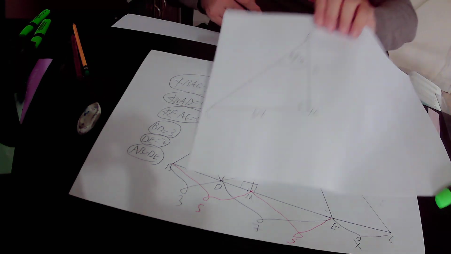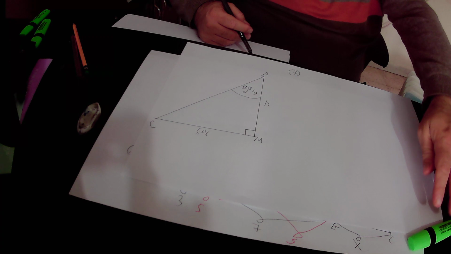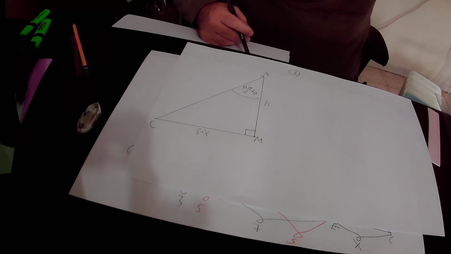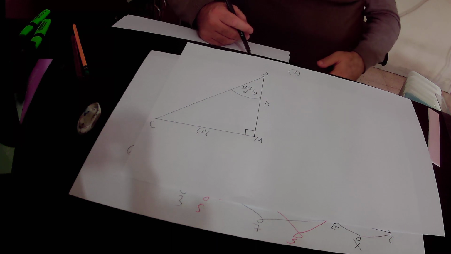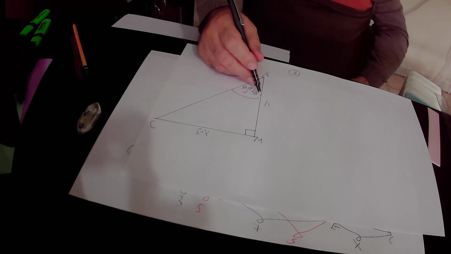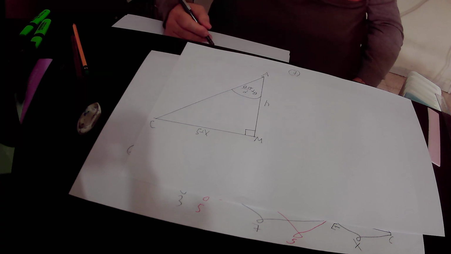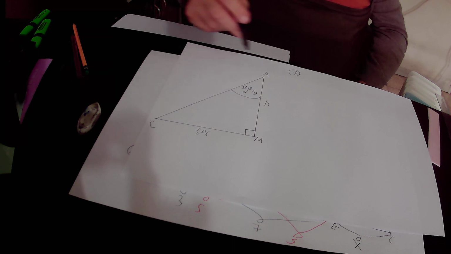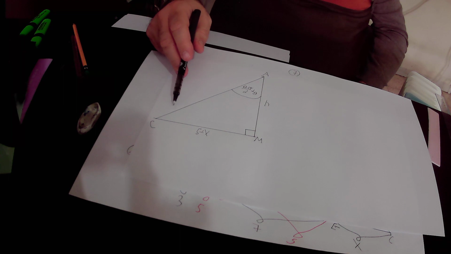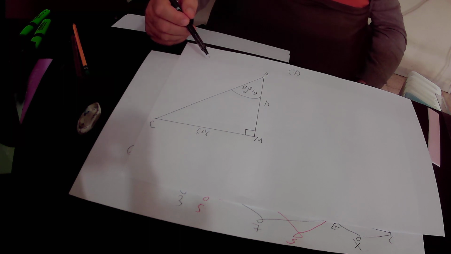Okay, now we know that the sum of the angles in the right angle triangle AMC is equal to 180 degrees. That is to say, angle CAM plus this angle that is 90 degrees plus angle ACM must in total be equal to 180 degrees. So I will write it down.